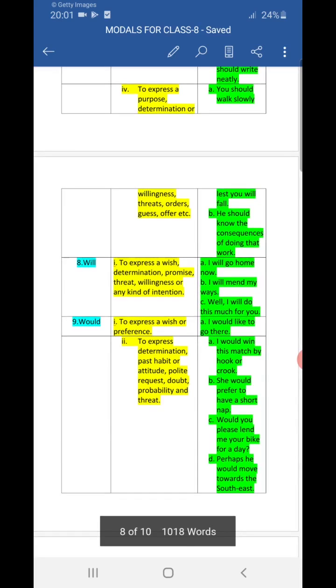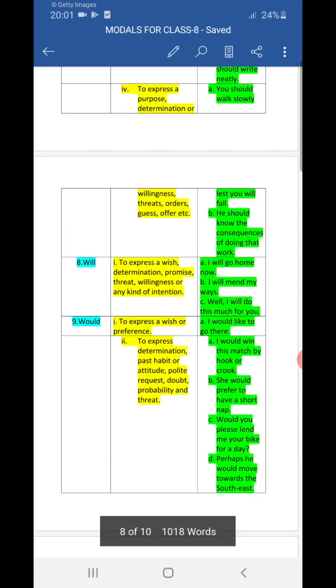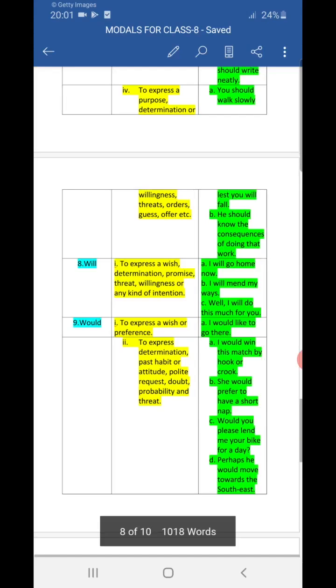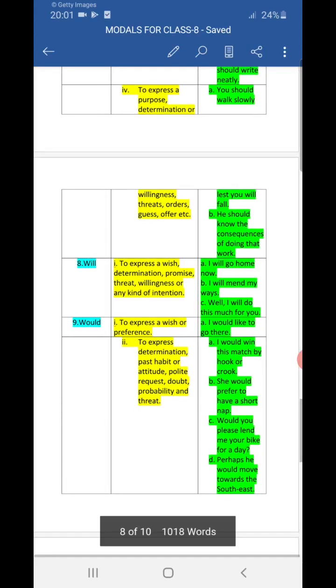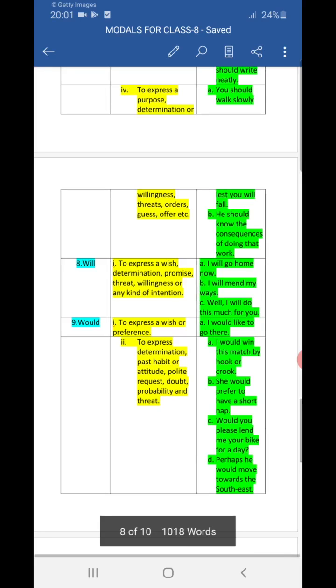Number B. I will mend my ways. So it's a determination that I will do what? I will mend my ways. Now, number C. Well, I will do this much for you.